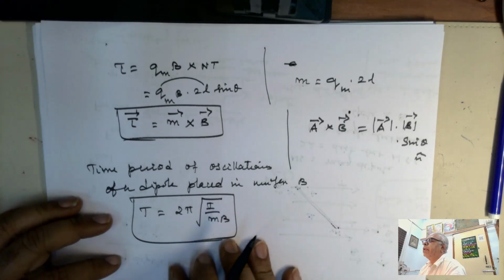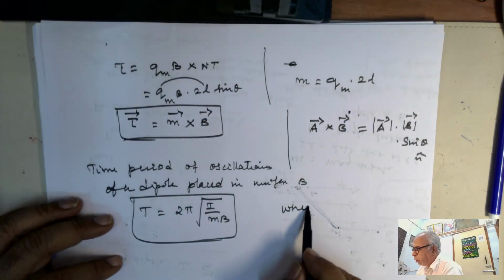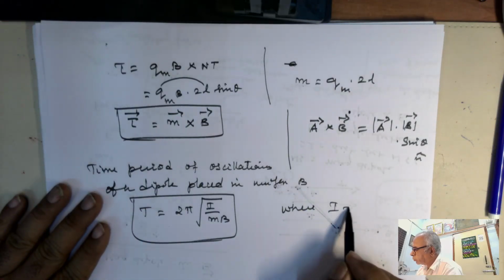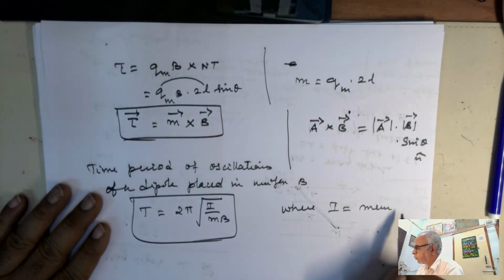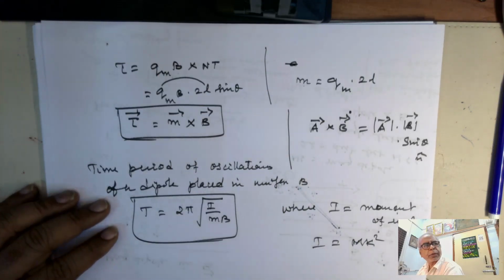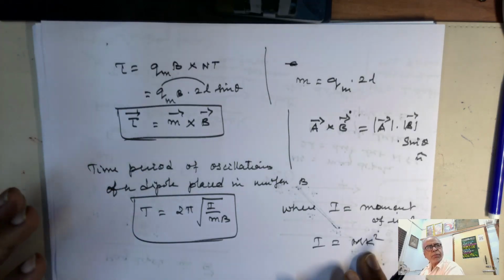So this is called the time period, where I is the moment of inertia. You know what is I? That is equal to mk square. What is this k? The radius of gyration.